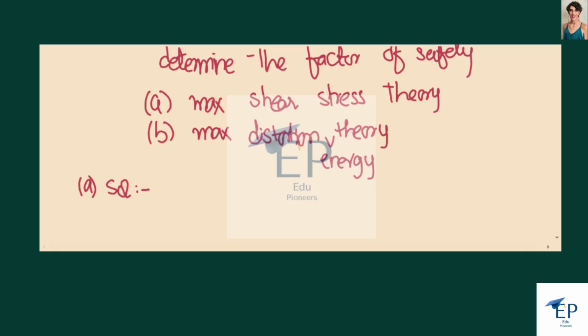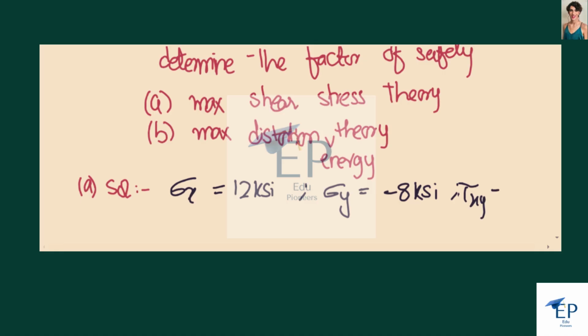We are given by the figure of the problem that sigma sub x is equal to 12 ksi, sigma sub y is equal to negative 8 ksi, and tau sub xy is equal to 7 ksi.